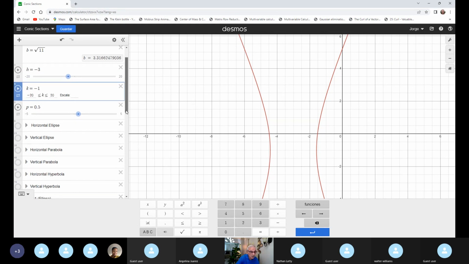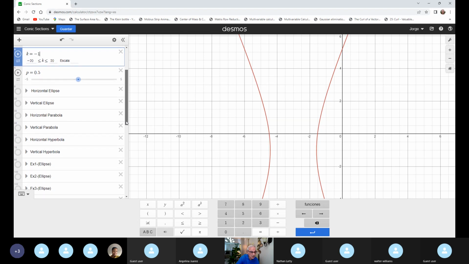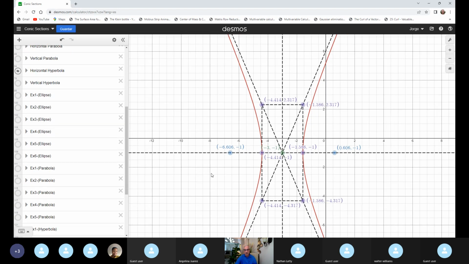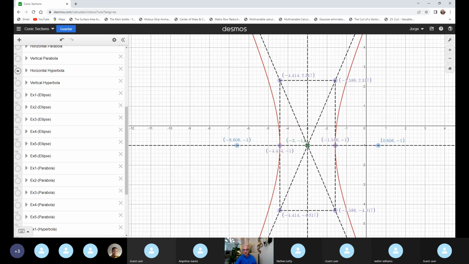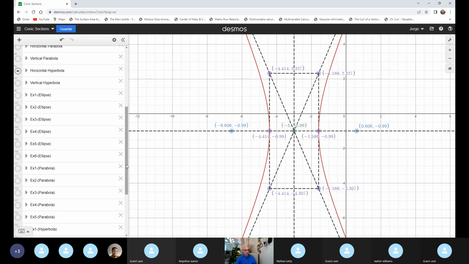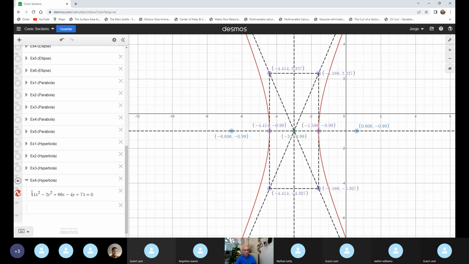Now I classify this hyperbola as horizontal. Bam! And you see everything clear. You see now the center here, vertex here, foci here, and the famous reference rectangle and the corresponding asymptotes. Beautiful. Coincident perfectly with this. Let me flash this red color.